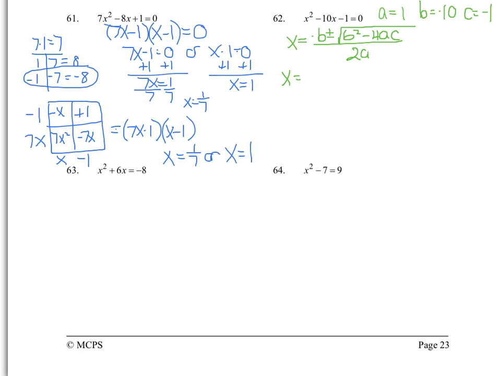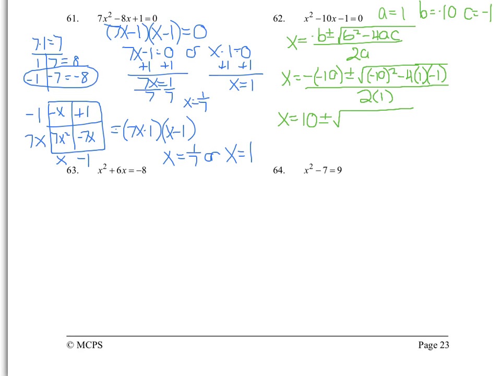So this means x is going to equal the negative of negative 10 plus or minus the square root of negative 10 squared minus 4 times a, which is 1, times c, which is negative 1, divided by 2 times 1. x is going to equal the negative of negative 10, which is positive 10, plus or minus the square root of negative 10 squared, which is 100, minus 4 times 1 times negative 1, which is going to come out to positive 4. 2 times 1 is 2, so it's going to be divided by 2. And this is going to be 10 plus or minus the square root of 104, divided by 2.